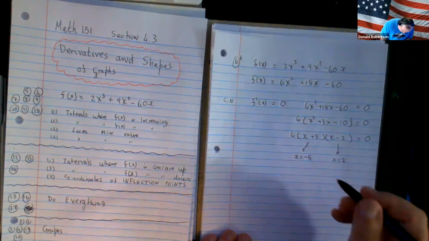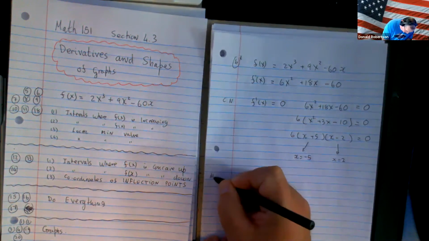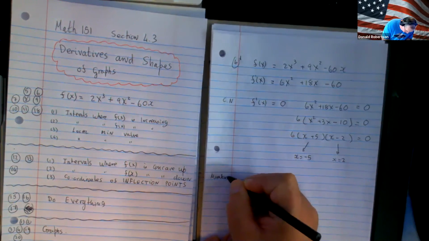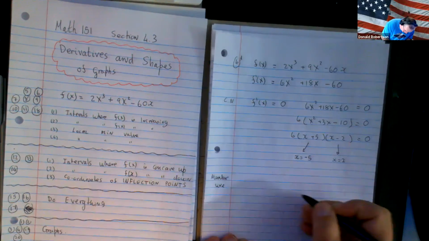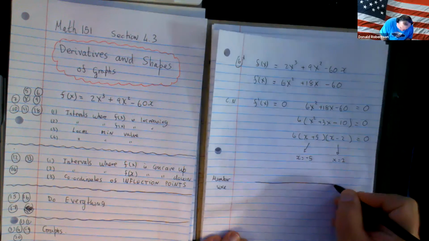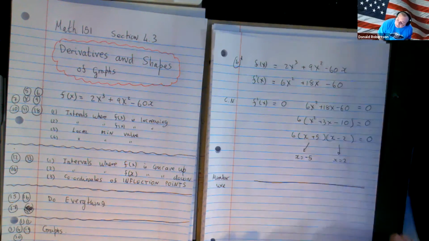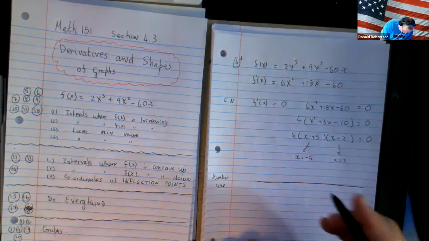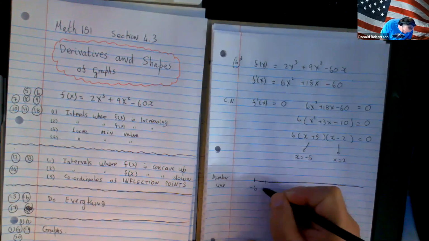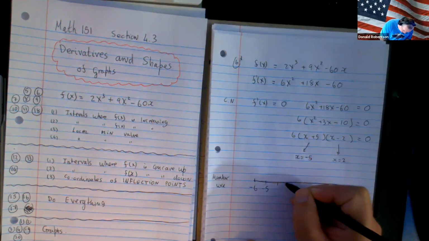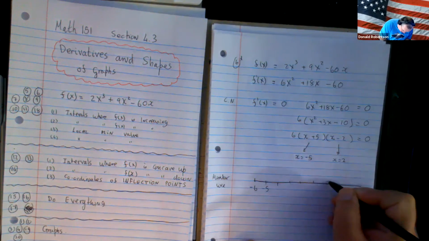Now, once you've got this, what I then do is create a number line. For me, this is the way that works best. If you want to go online and look at other techniques, there's a table of values technique that some people prefer. I'm not saying don't use that. It works well. You just pick what works for you. 4, 3, 2, 1, 0.